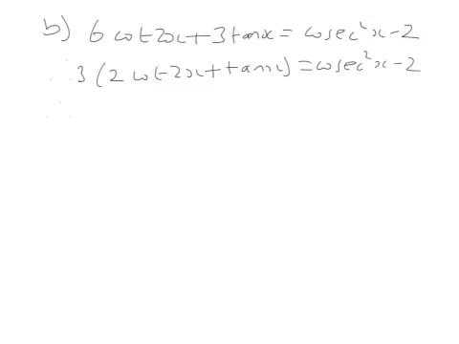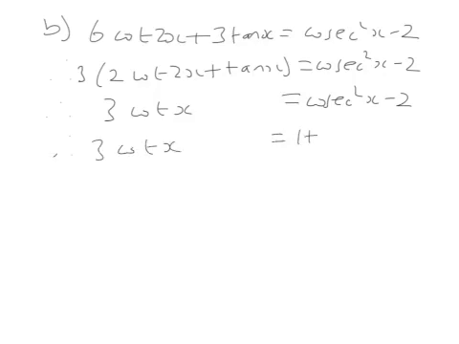We've just proved that 2 cot 2x plus tan x is cot x, so it's 3 cot x is cosec squared x minus 2. It says hence or otherwise, so there presumably is another way of doing it, but the hence is almost certainly going to be easier. So the hence bit means we've replaced that part by this part because we've used the answer in part A.